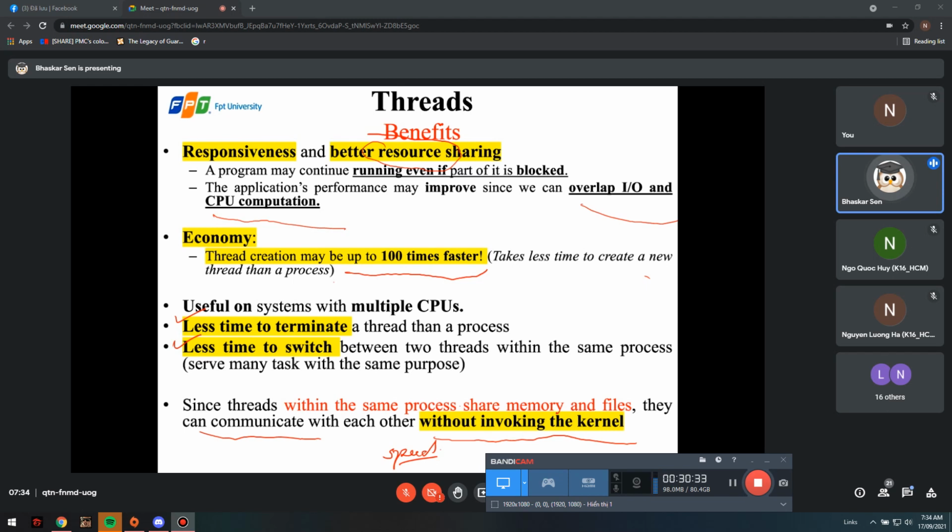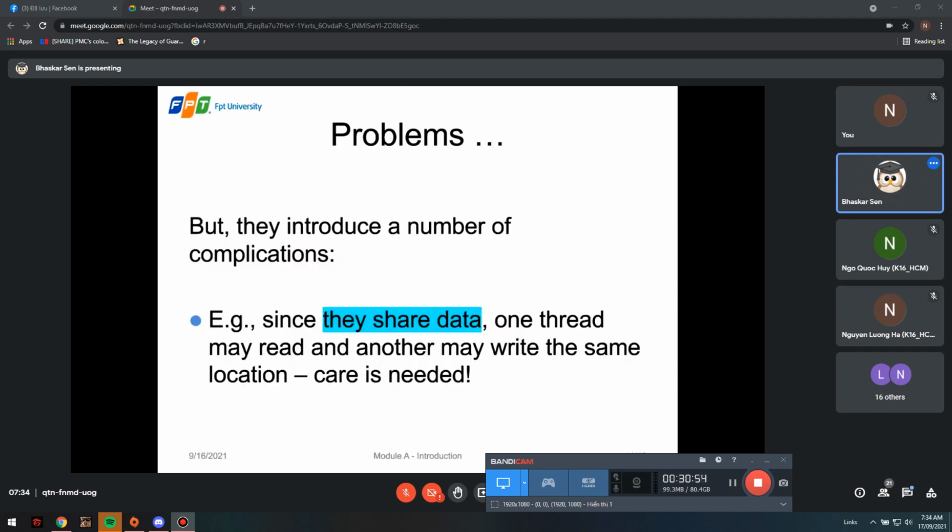So we understand what the key benefits are, and whatever we do in the next part, the implementation, we must ensure that we don't lose these key benefits at any cost. Now, what are the problems?